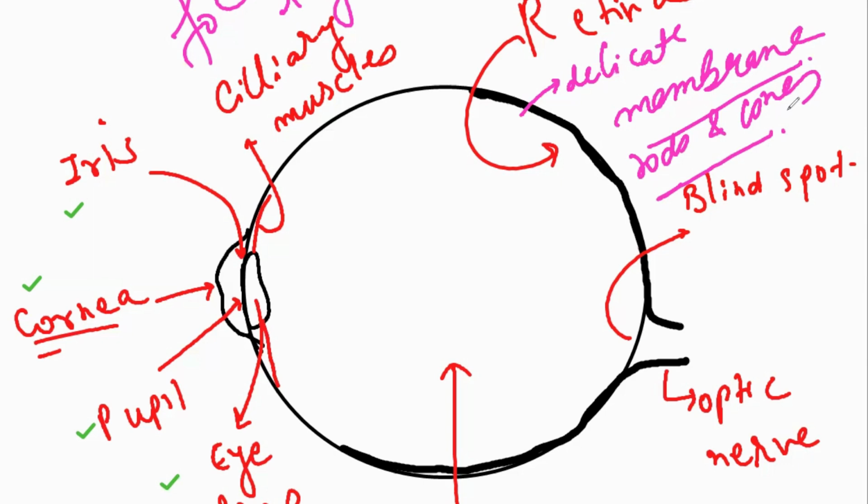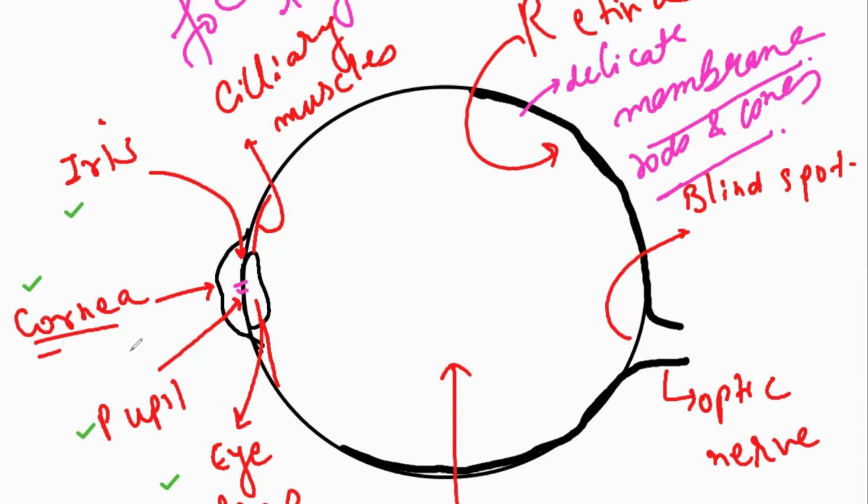Clear? Now there is a space between your cornea and eyelids. You can see here, between the cornea and eyelids, there is a very large amount of space. I made it in the whole circle, that's why I told you that a space is there.